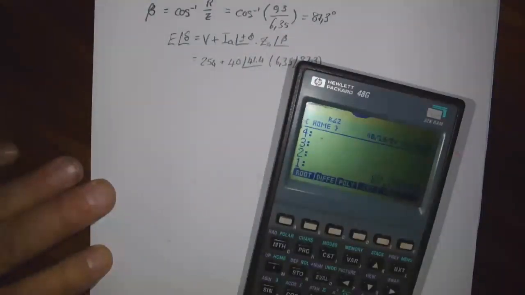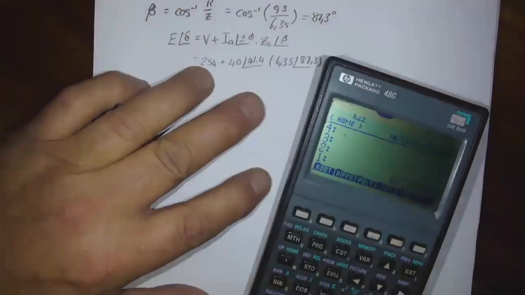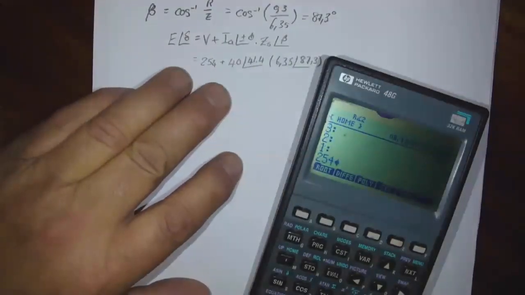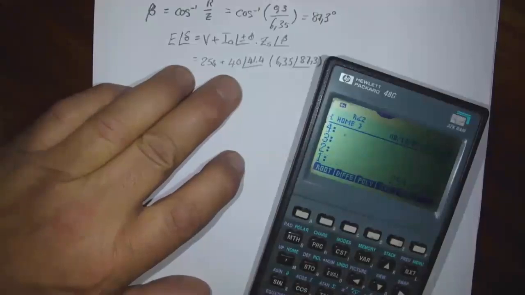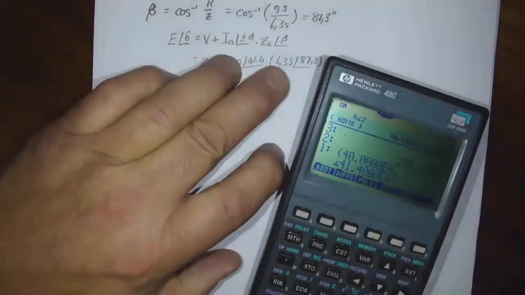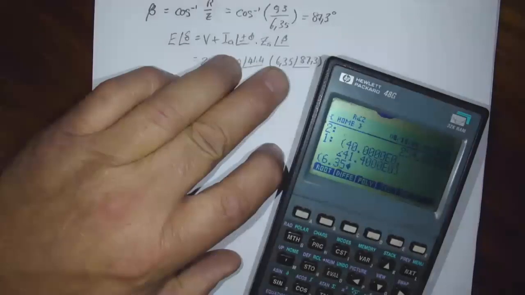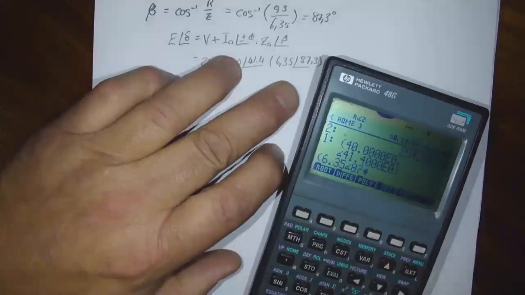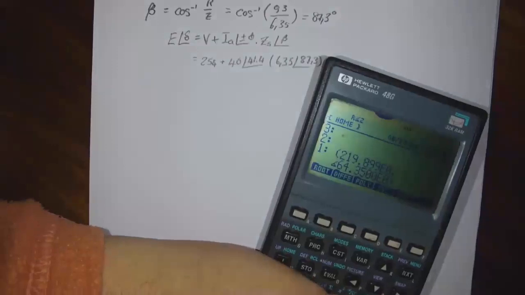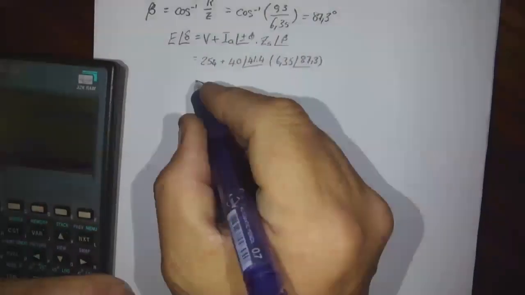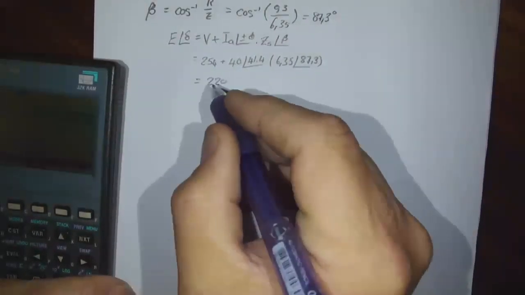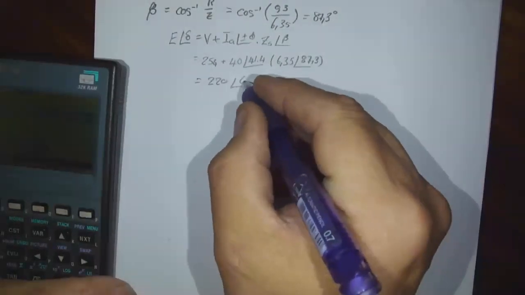So 254, we add 40, an angle of 41.4, and 6.35, angle 87. Times it, and plus, gives us 220, an angle of 64.